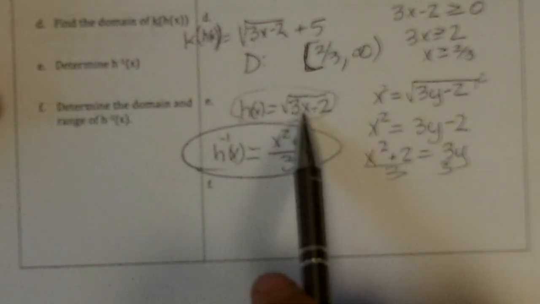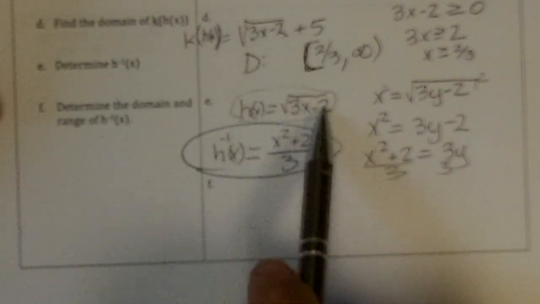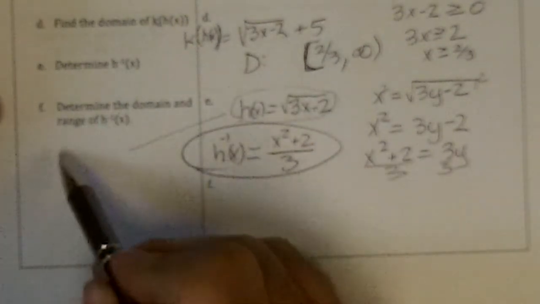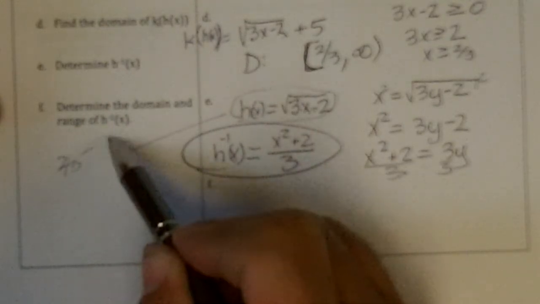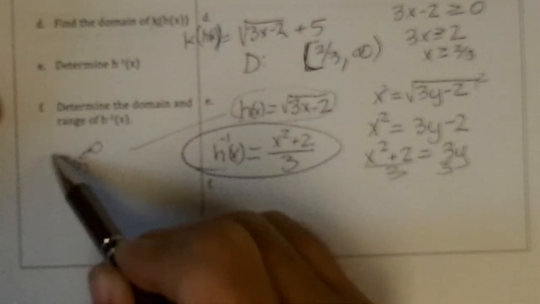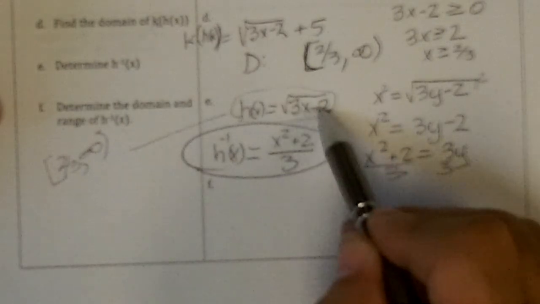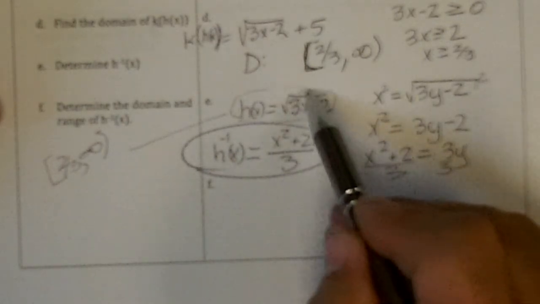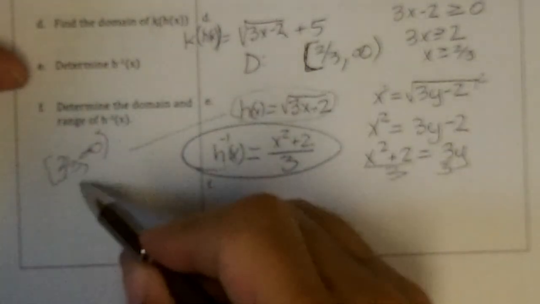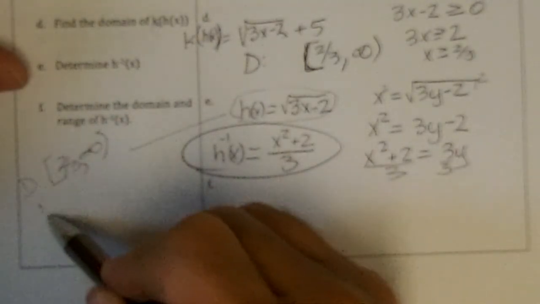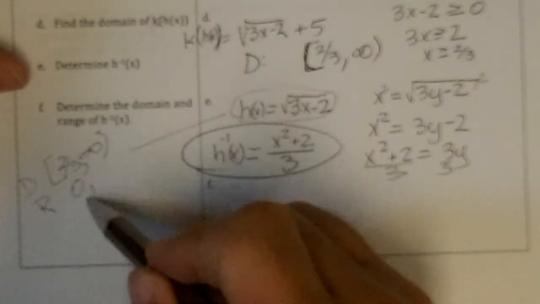So 2/3 to infinity, and what I get out of here, 2/3 makes this 0, and going to infinity makes things positive. So I get a range out of this, and you can also graph this, and you'll see that this has a range from 0 to infinity.